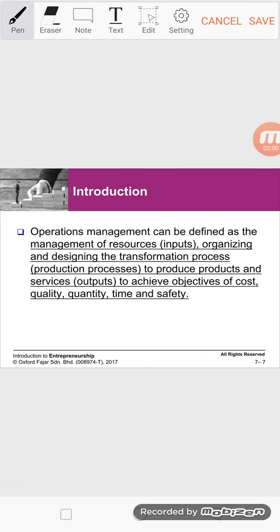So basically the definition of operation management has to have these three main points: the first one is the input, and then when we undergo the production processes, we will have our output to achieve whatever goals we set, especially on the cost, the quality, the quantity, time, and also safety.